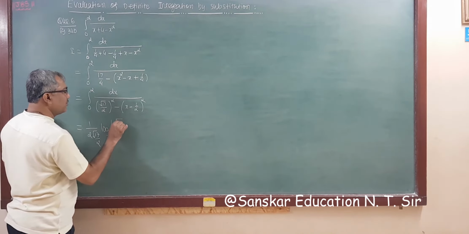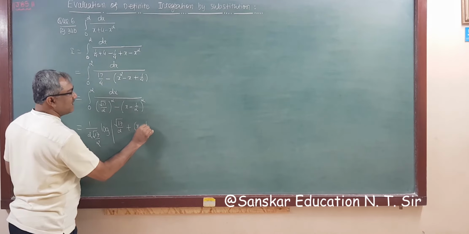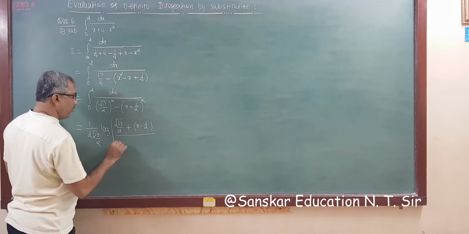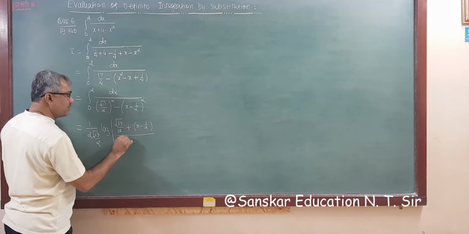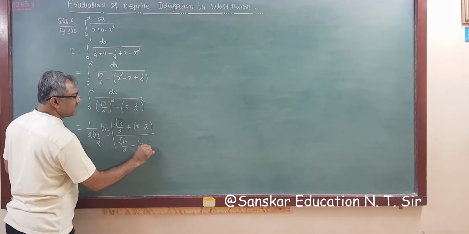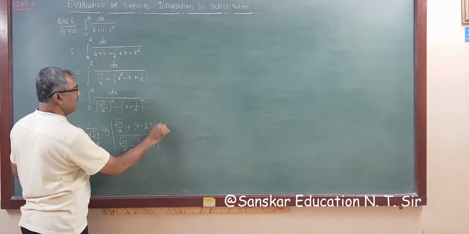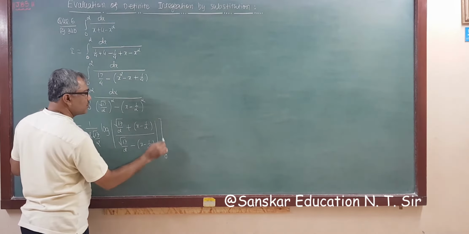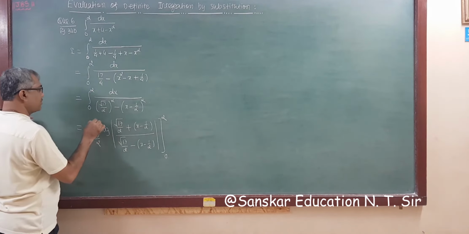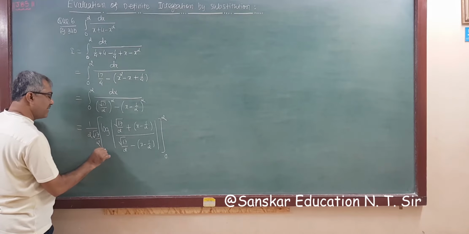That is root 17 by 2 plus x minus half, upon root 17 by 2 minus x minus half. Okay, and the limit is from 0 to 2. Got it? So this is our answer. This is constant, so no need to write a bracket here.